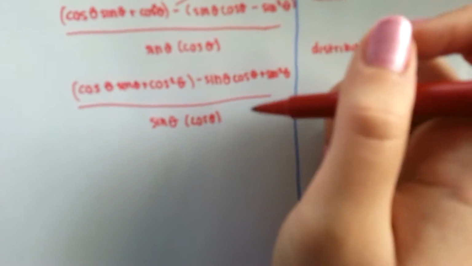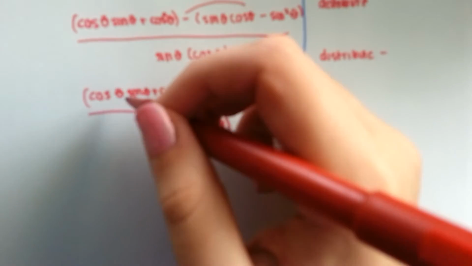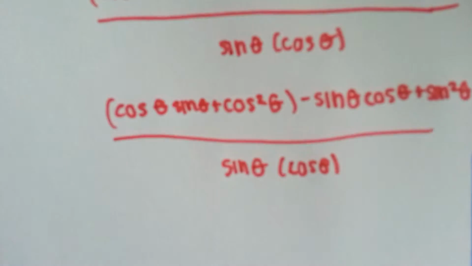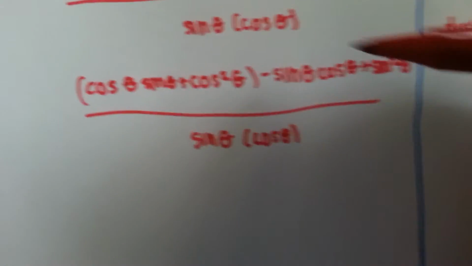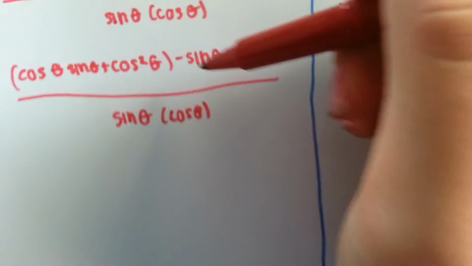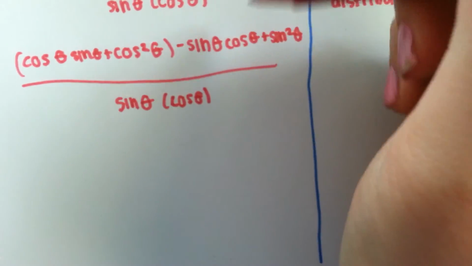So by looking at this, we right away know that we have cosine times sine, and this is positive, and we have minus sine cosine, so these cancel.